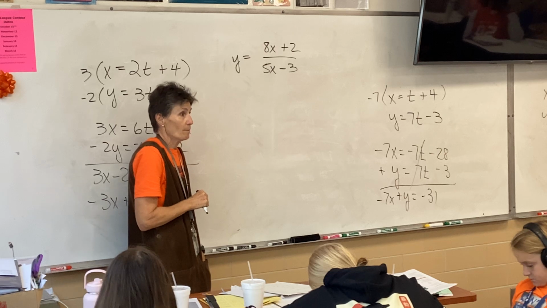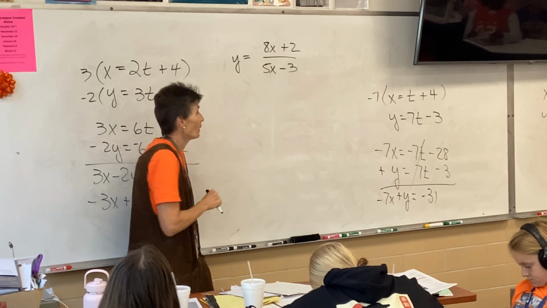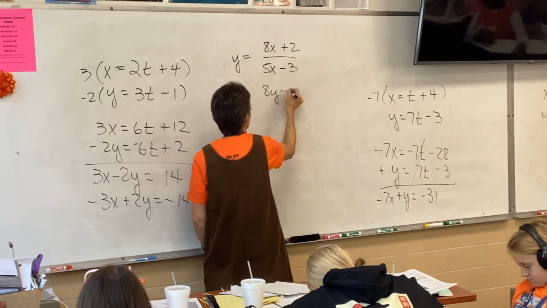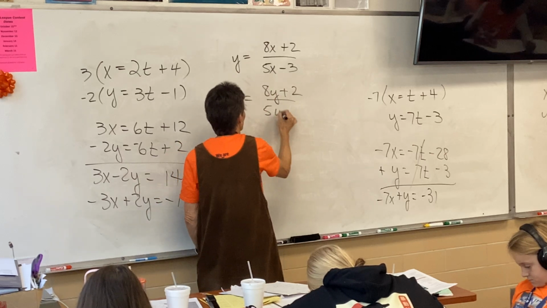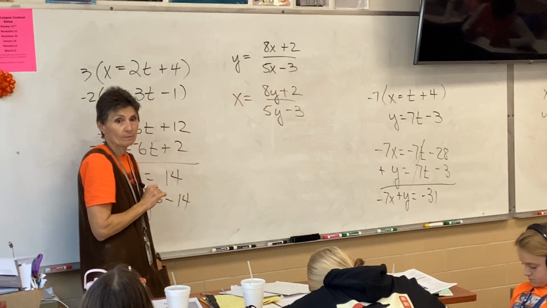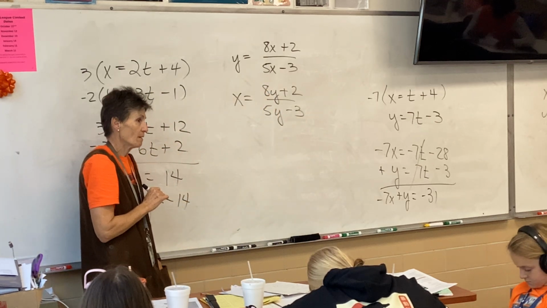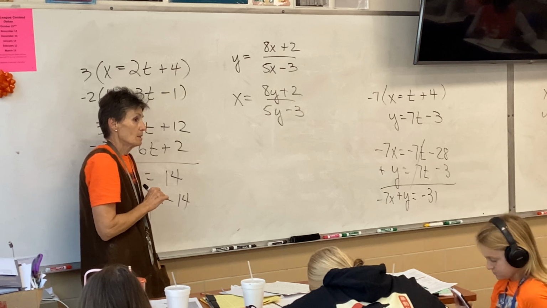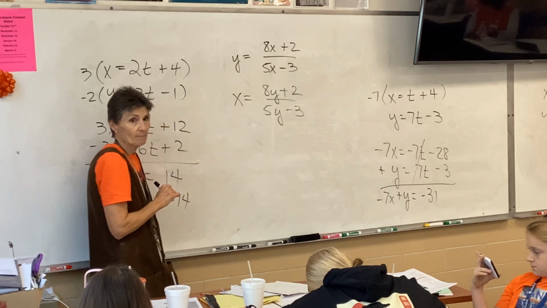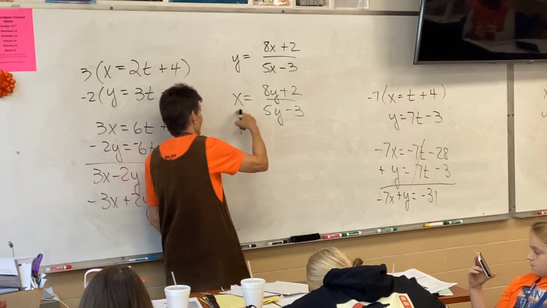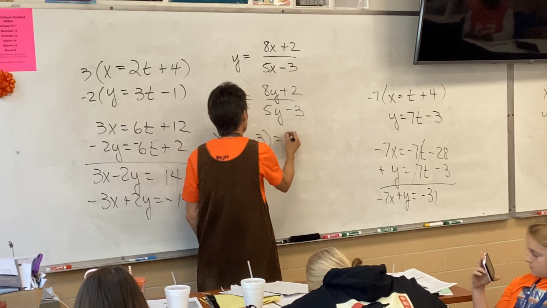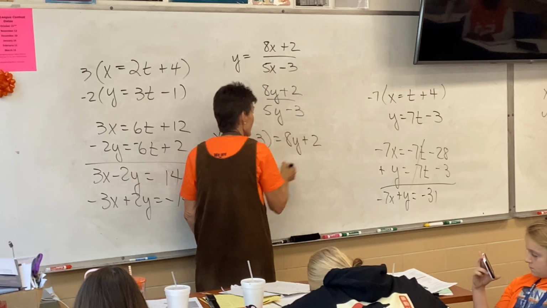Can you remember from the beginning of the period, what do I need to do? Switch my variables. I already did the y equals when I wrote it down, and then I'm gonna switch my variables. Now what am I gonna do? Multiply 5y minus 3 to bring this x over here. And if you can do the distributive in your head, that's perfectly okay.